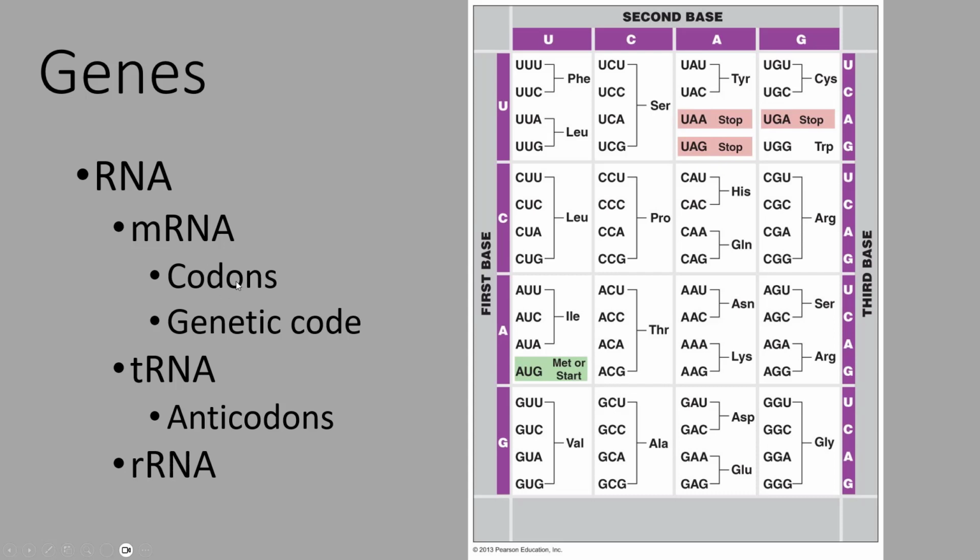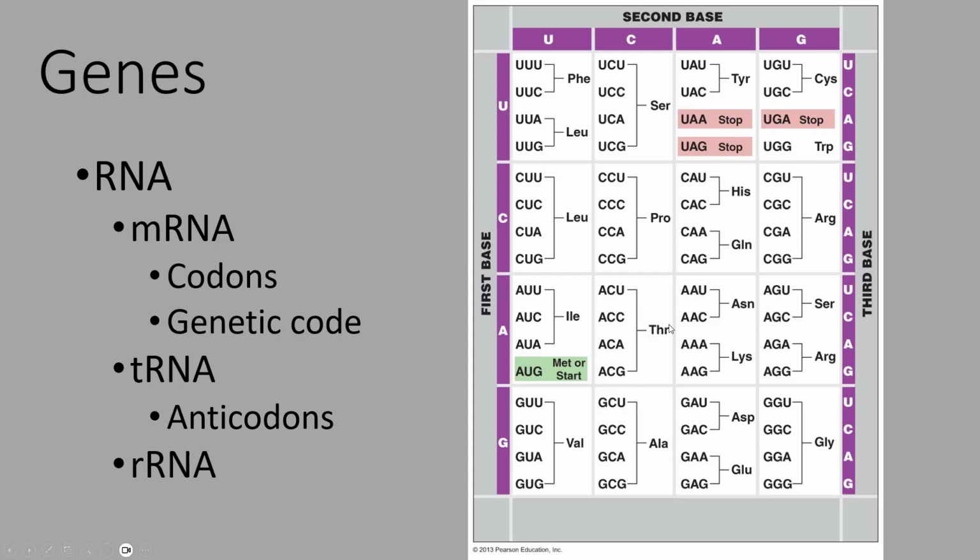We take those 3 letters of messenger RNA, we look them up on this chart here. And based on which 3 letters of messenger RNA, it tells us which amino acid that the ribosome is going to lay down.